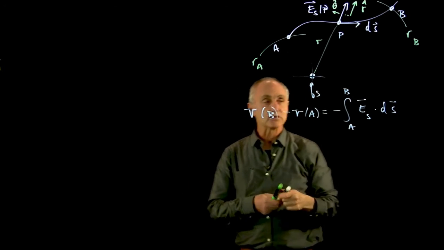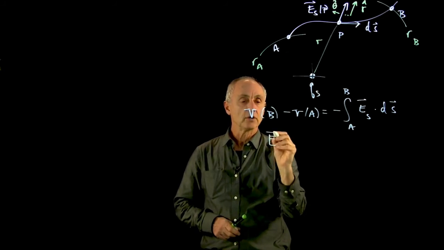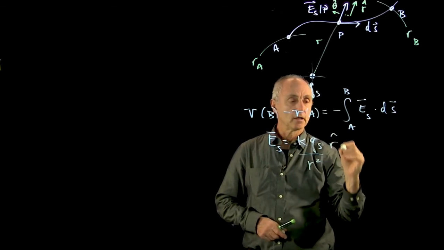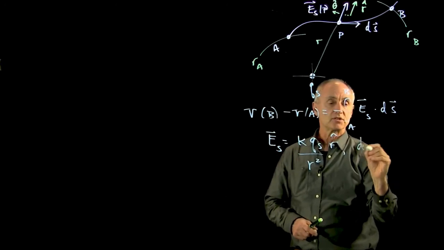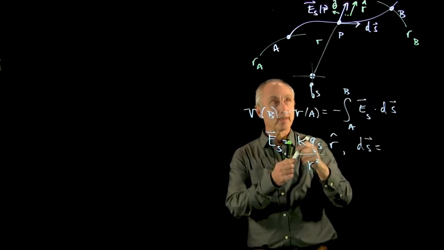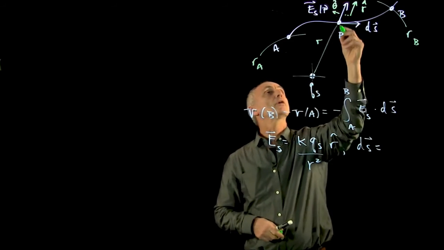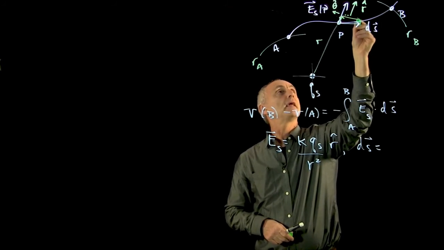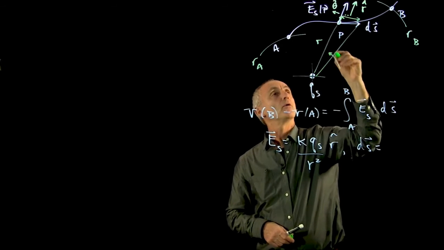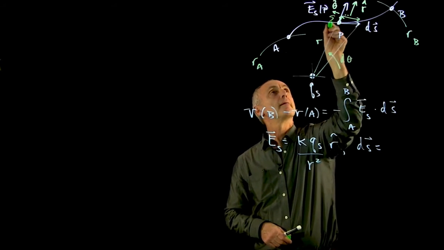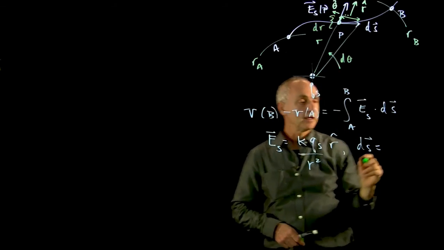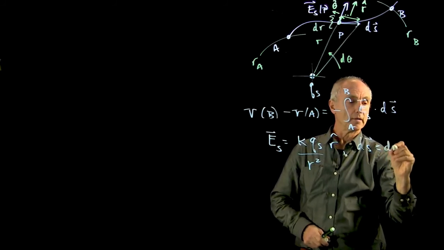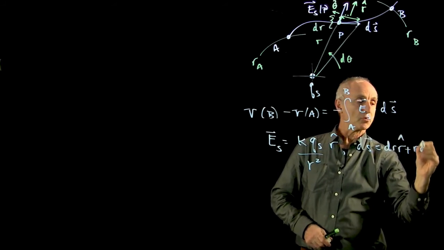So now, in this coordinate system, we know that the electric field of a point charge is just QS over R squared R hat, and the displacement ds in this coordinate system, well, we've talked about this before when we had work, but we'll just imagine again that if you displace a little bit this way and then a little bit that way, where you have some angle d theta, and over there is dr, then our displacement vector can be thought of as a radially outward part and a tangential part.